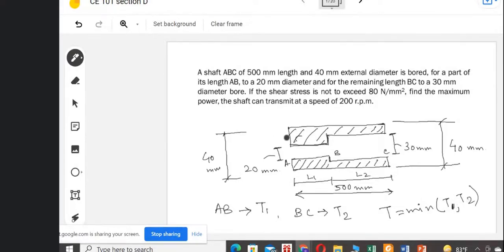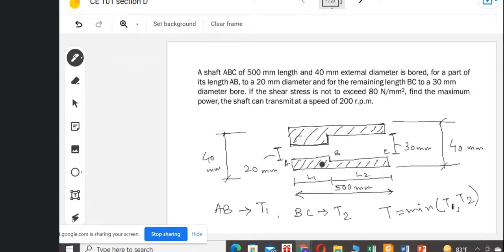Also later on we will equalize the angular distortion of the AB section with the angular distortion of the BC section, and from that we will get some equations, and then we can find out the lengths L1 and L2.